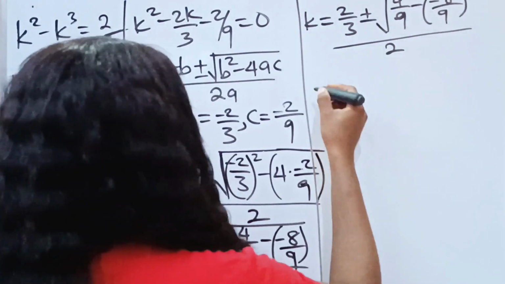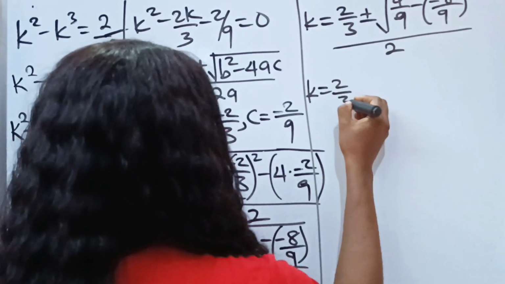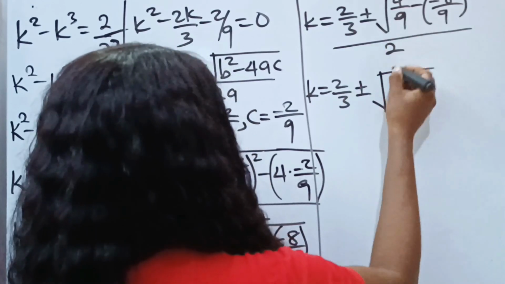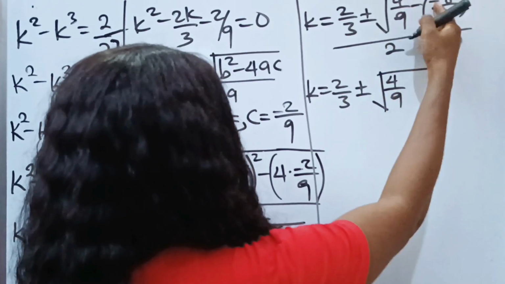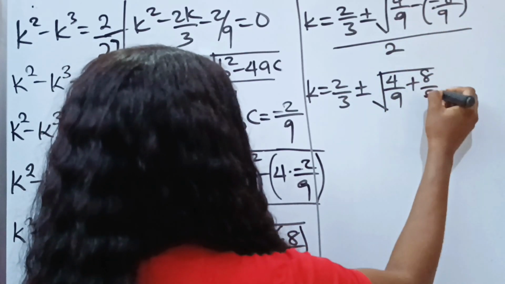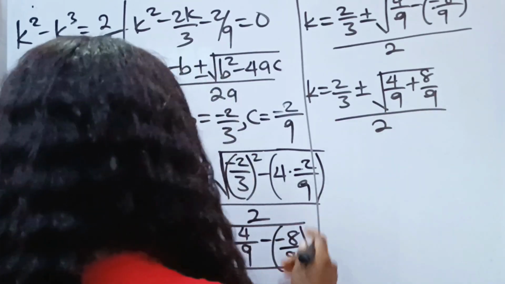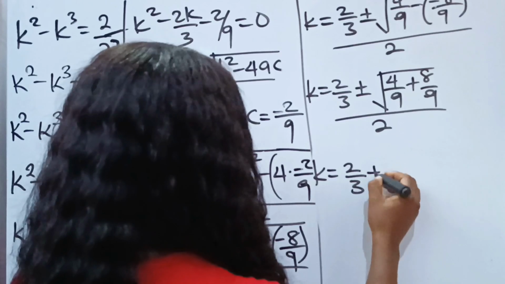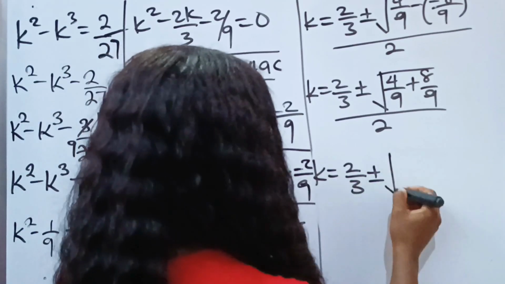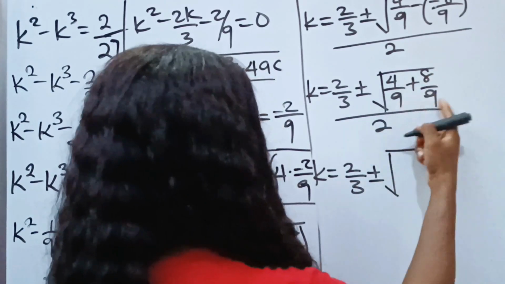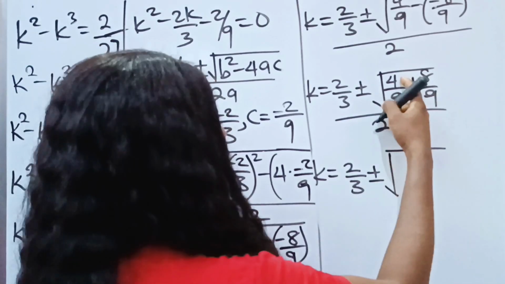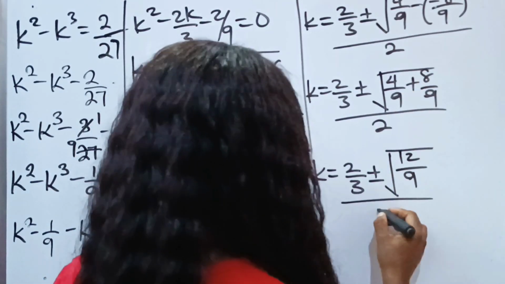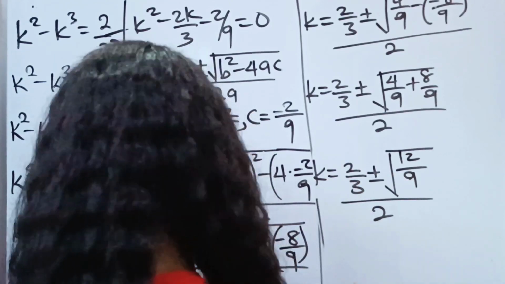So our k is 2 over 3 plus or minus the square root of 4 over 9 minus is plus, everything divided by 2. So our k then is equal to 2 over 3 plus or minus the square root of 4 plus 8, since we have the same denominator. Now 4 plus 8 will give us 12 divided by 9, everything divided by 2.